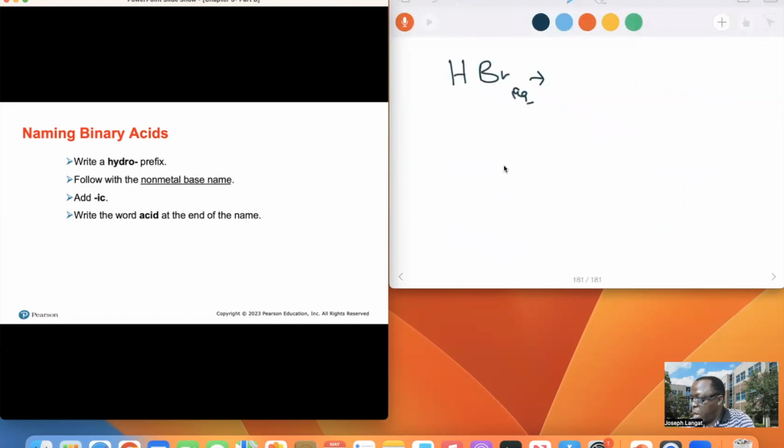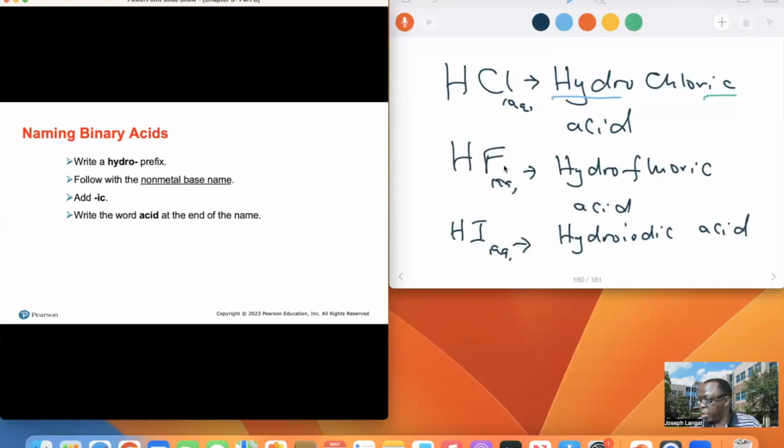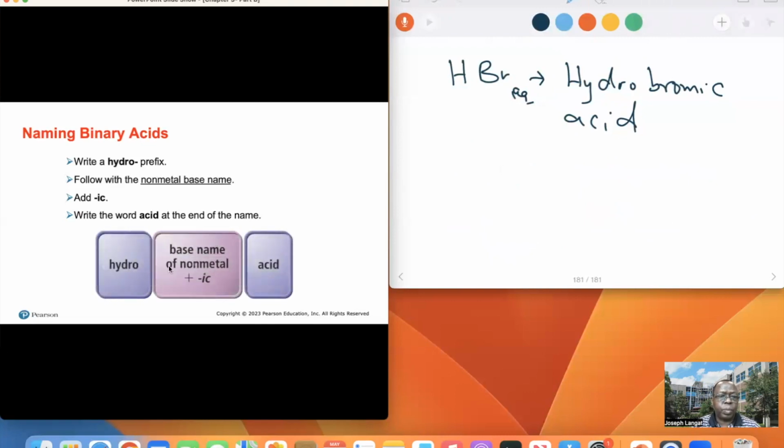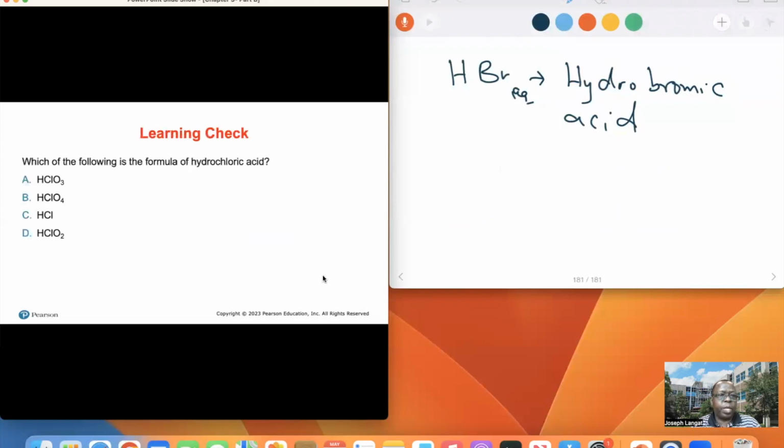This is hydrobromic acid. See how you write hydroiodic, hydrofluoric, okay, hydrobromic, and so forth. We use hydro for binary. These are binary acids. Hydro plus base name, I've just given you that, that's the criteria for naming them.